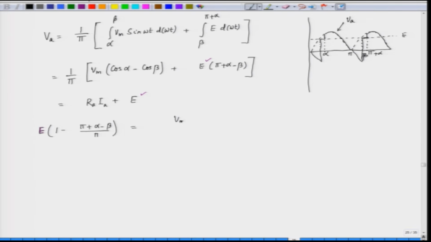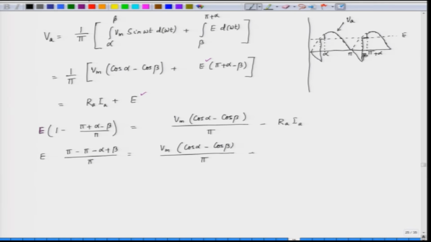that is equal to Vm into cos alpha minus cos beta by pi minus I A R A. Now, from this we get E into pi minus alpha plus beta by pi, equal to Vm cos alpha minus cos beta by pi minus R A I A. So, we can say that E is equal to Vm into cos alpha minus cos beta divided by beta minus alpha, minus R A I A by beta minus alpha into pi.